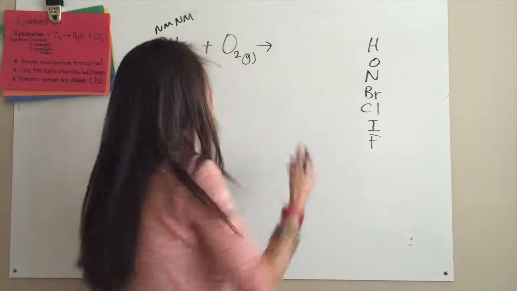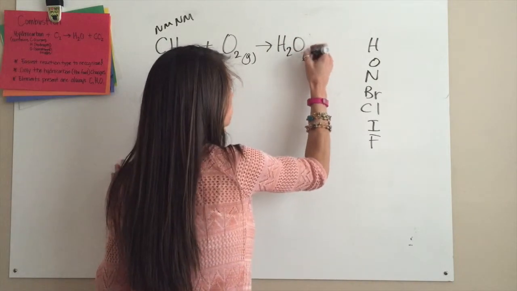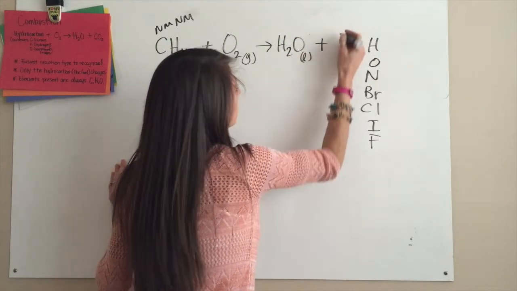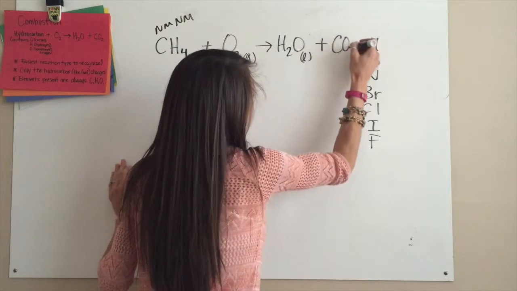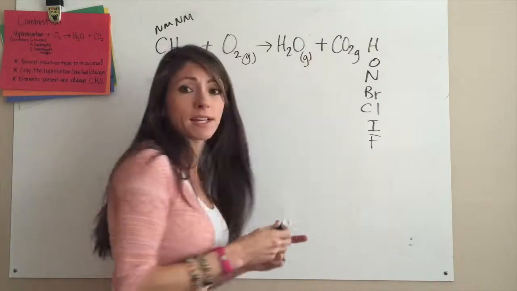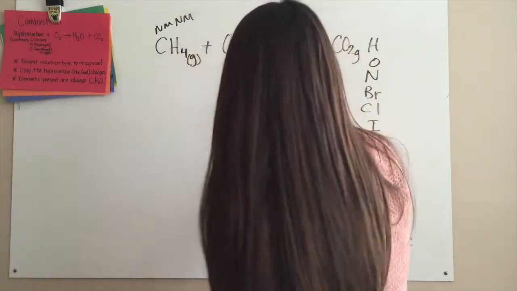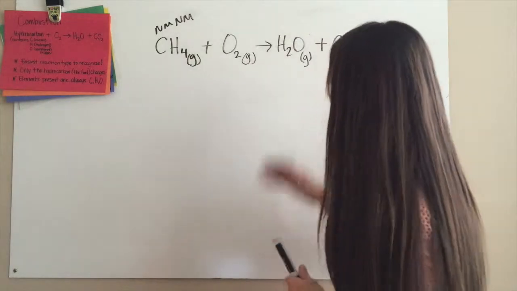All those words mean the same thing. Water, H2O, and carbon dioxide. Now, actually, this may be a water vapor that is released, so it may be more appropriate, since it's being burnt, to put a G there.